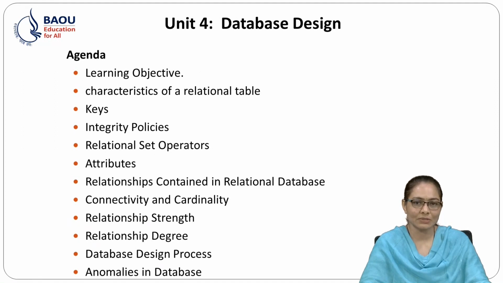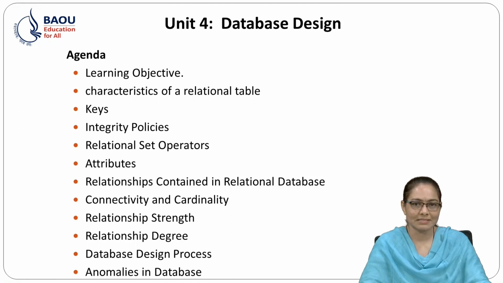After learning this unit, you will be able to get the knowledge about entity and its attributes. And the main thing is that you will understand the database design process and the different types of anomalies that occur in it.